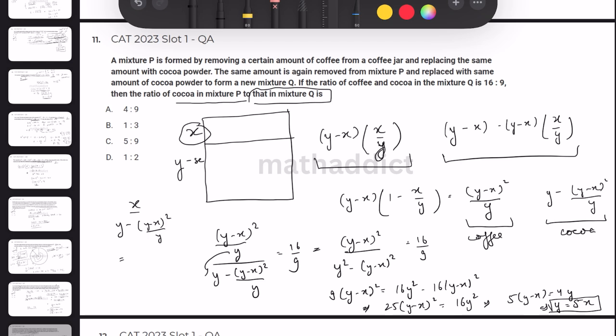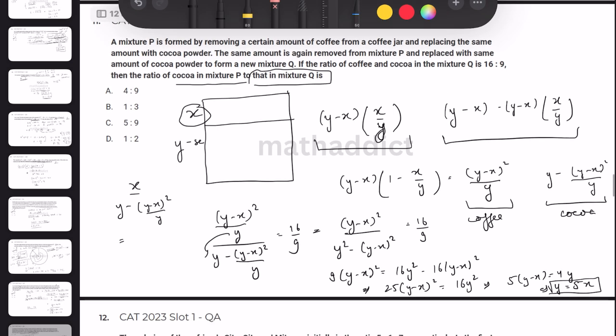So we have y upon x equals to 5, or rather let's say this becomes xy upon y squared minus x squared plus 2xy, that is 2xy minus x squared. And y is equal to 5x, so we substitute this here, we get x into 5x upon 2x into 5x minus x squared, which is 5x squared upon 9x squared, which is 5:9. So the answer is C.